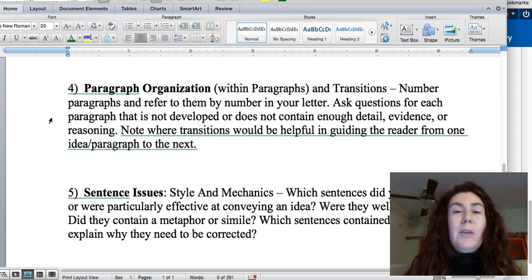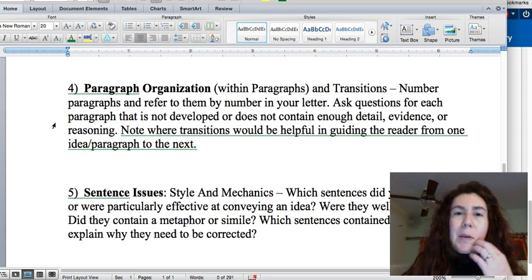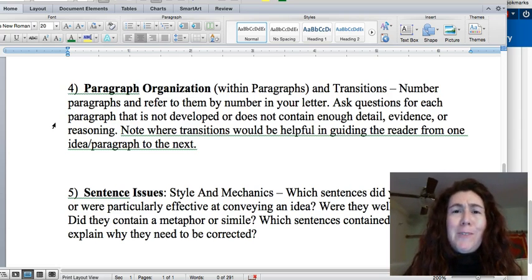If they're not, then you can easily go back to our revision strategies list, copy that and paste that section, put it into your letter of analysis, and say, here's a strategy that would be good for you to incorporate in this paper. And then you can check off that you've used something from our revisions list in your letter of analysis, which is a requirement for this assignment.